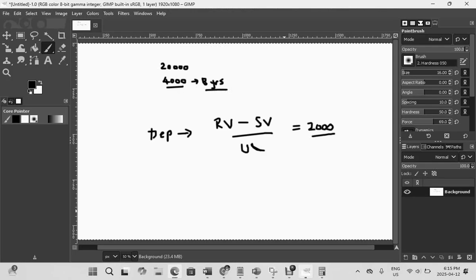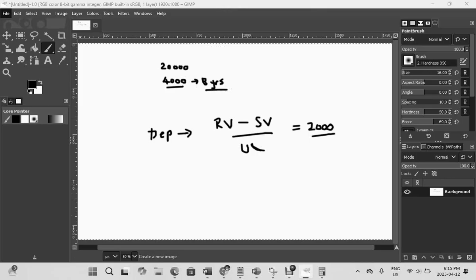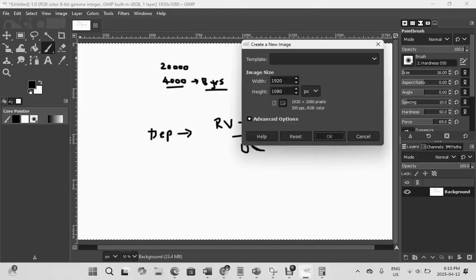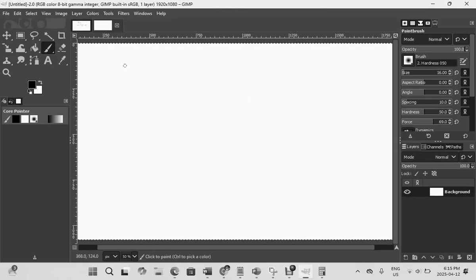Okay, so let's write an equation with all the information that we have. We know that the retail value of the commercial van, RV, is $20,000.